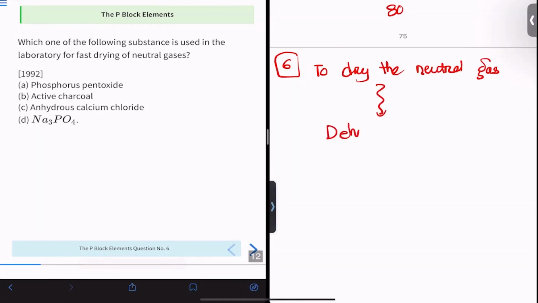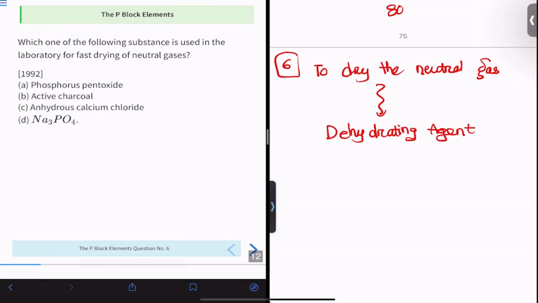You need a dehydrating agent. So they are asking you indirectly which one of the following four compounds is a dehydrating agent.